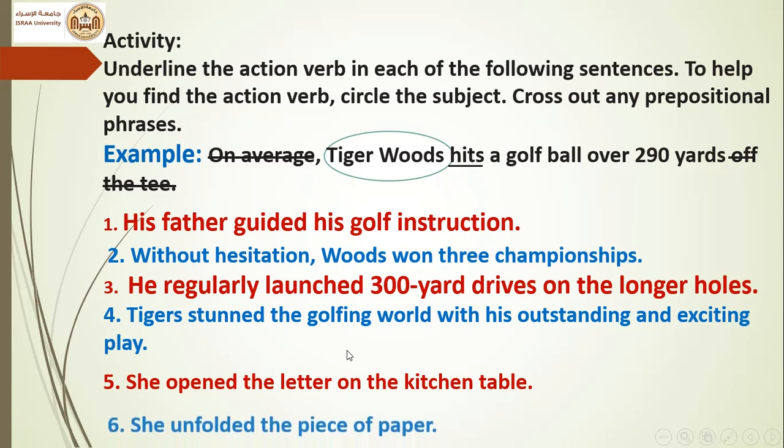And number 6, she unfolded the piece of paper. So you are going to cross out all the prepositional phrases, maybe more than one, circle the subject, then underline the action verb.